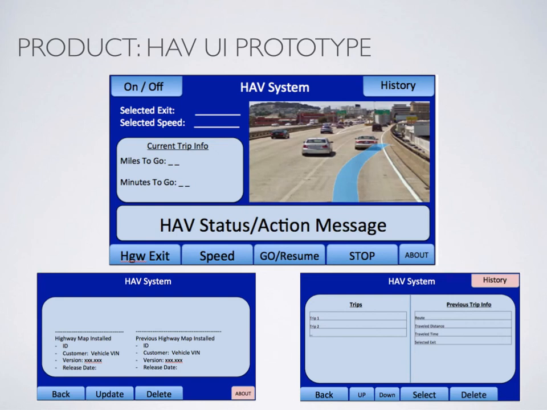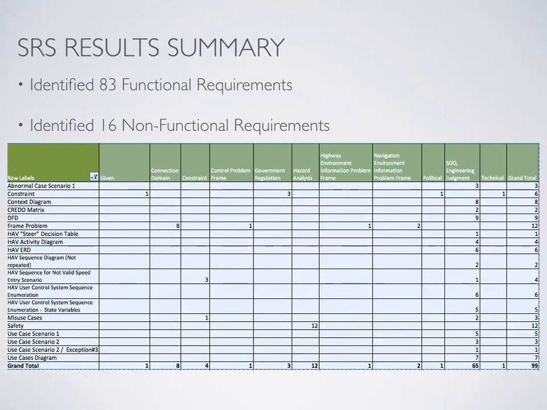so this is pretty much a summary of all the techniques used. This slide summarizes the requirement specification, how many requirements I have identified. So I have identified 83 functional requirements and 16 non-functional requirements.